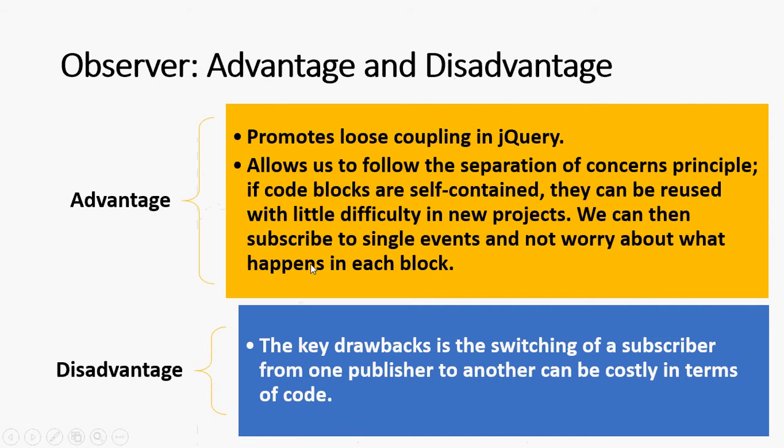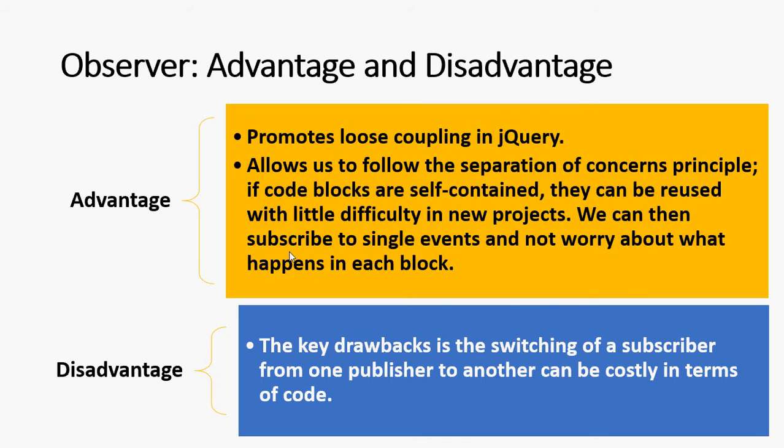The advantage of using the observer is that it promotes loose coupling in jQuery, and it allows us to follow the separation of concerns principle. If the code blocks are self-contained, they can be used with little difficulty in your projects, and we can subscribe to single events and not worry about what happens in each block.